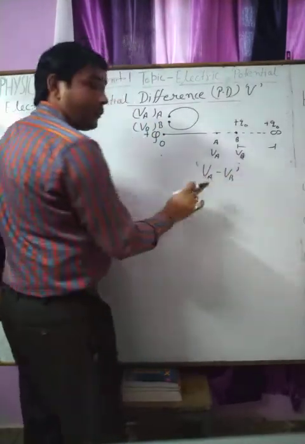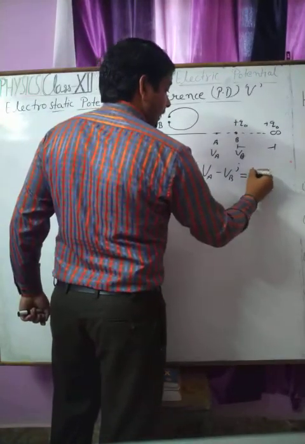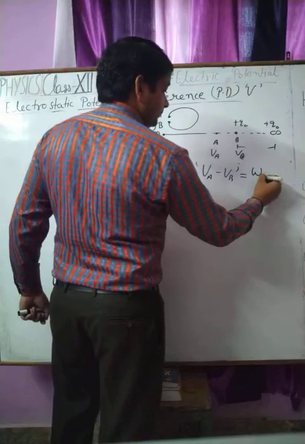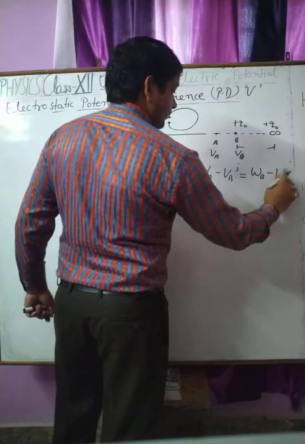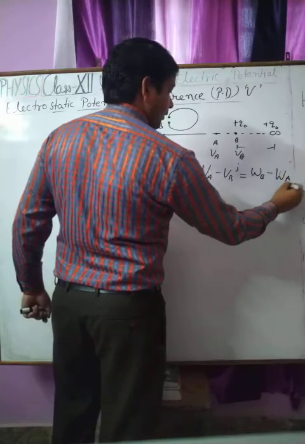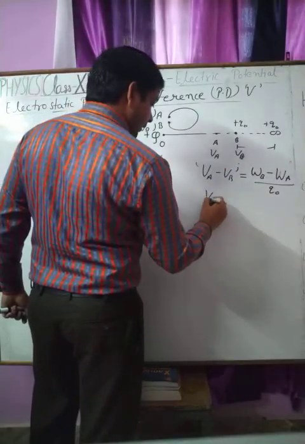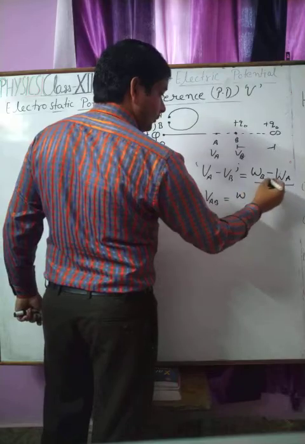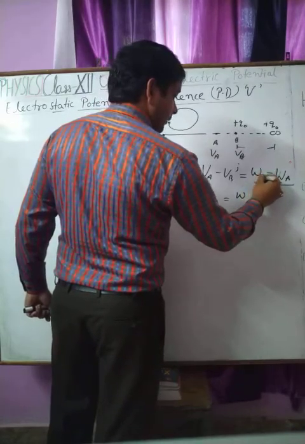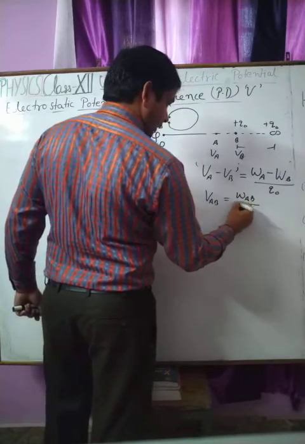Therefore, the potential difference VA minus VB is equal to work done from B to A on the test charge Q. So this is given by V, potential difference across the points AB is equal to W AB upon Q naught.